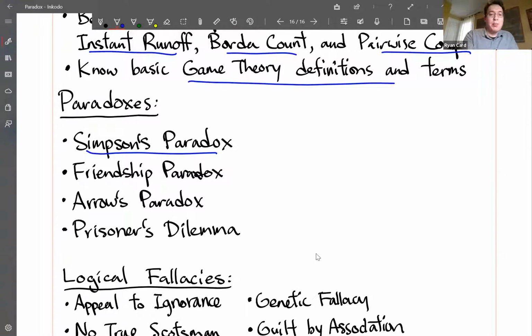The friendship paradox is about a situation where your friends seem to have, on average, more friends than you do. This is a paradoxical type of situation where you might feel insecure that your friends have more friends and maybe you're not so popular.